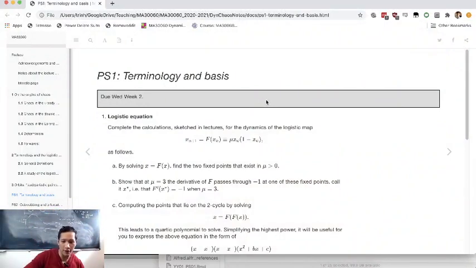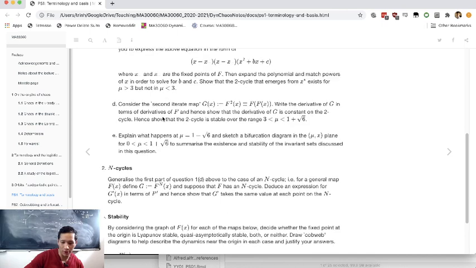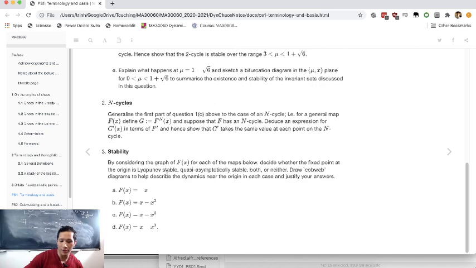Okay, so this is now the problem set which is available online. You'll see question 1 is about the logistic equation. Question 2 is a proof about n cycles, generalizing one of the results that we showed just a minute ago for g, where g is equal to fn of x. And the third is a stability question.